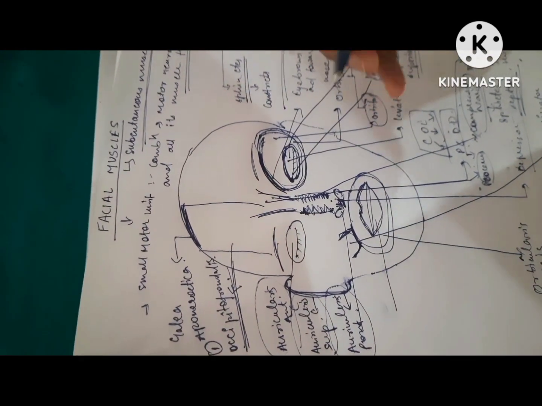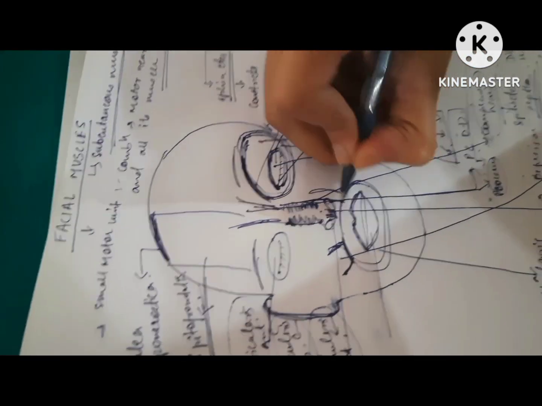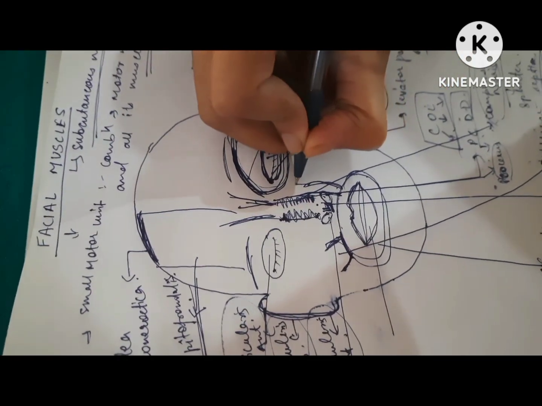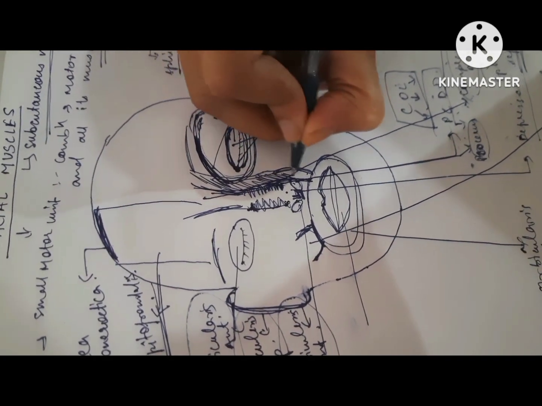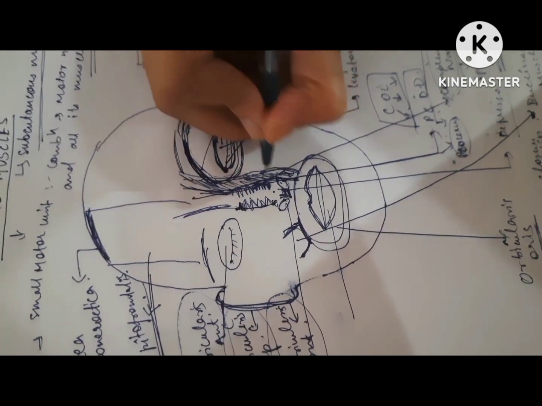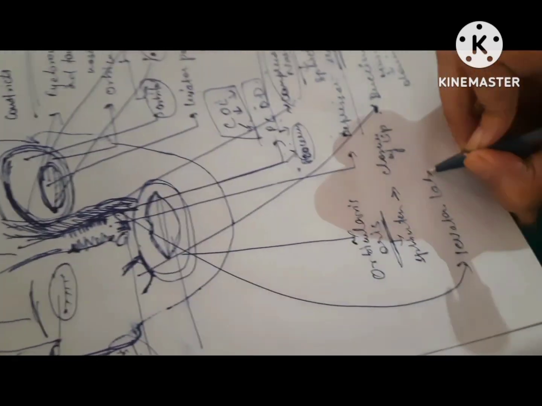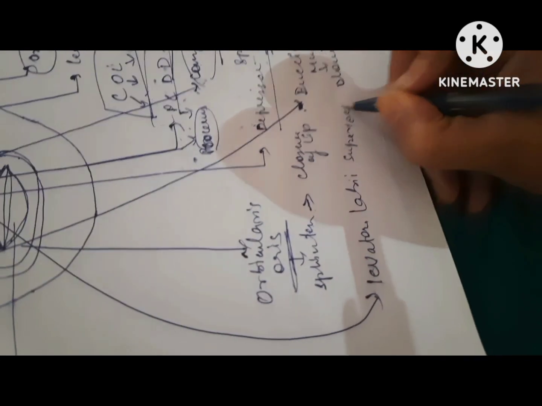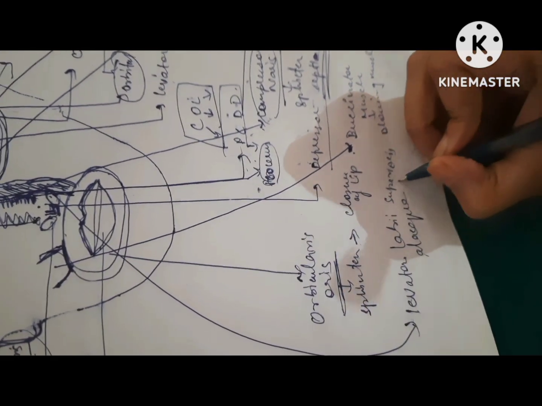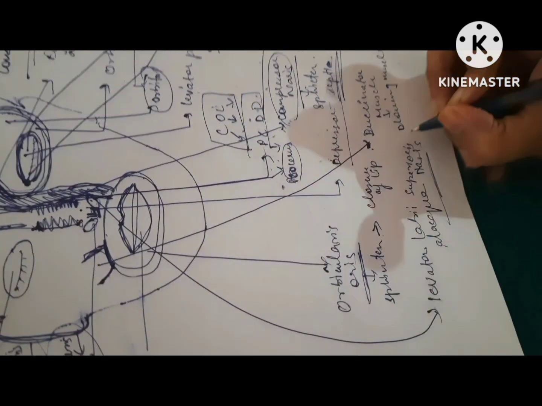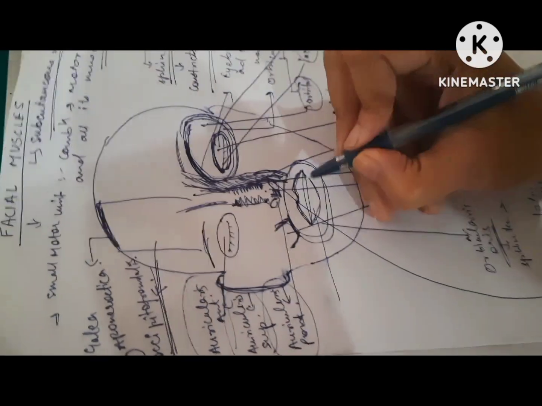That means it is a combination of two muscles: levator labii superioris and alaeque nasi. What this muscle does is it pulls the upper lip upward. The name shows it: levator labii superioris means it pulls the lip upward.